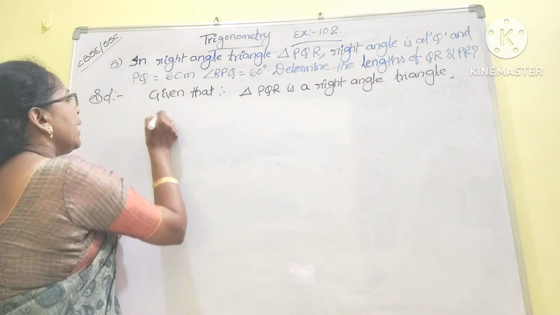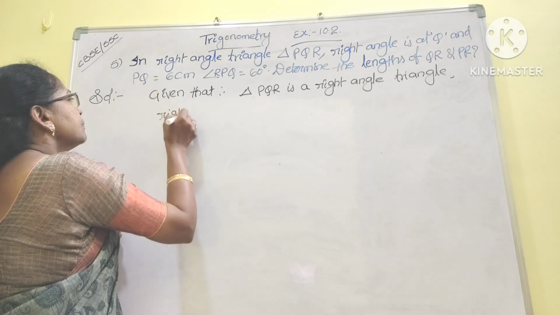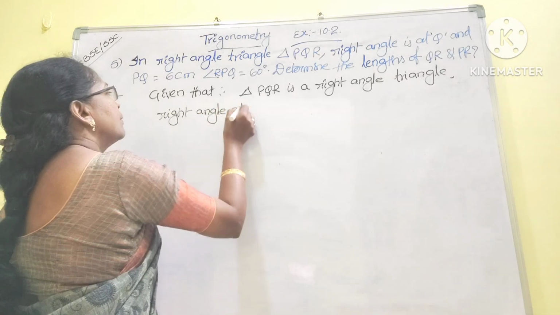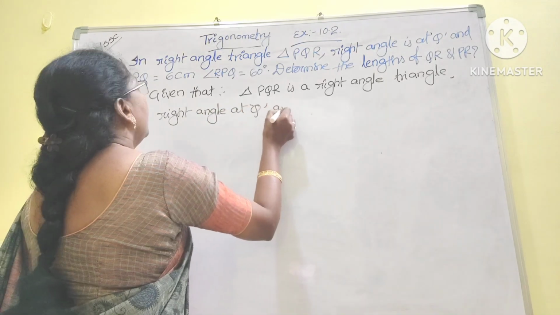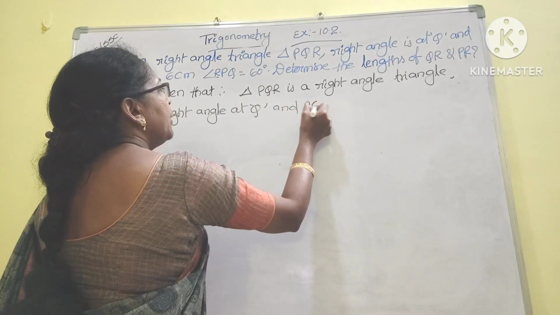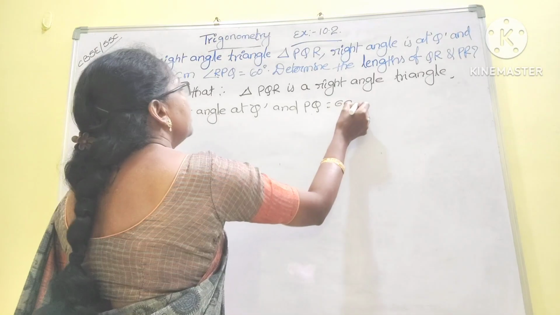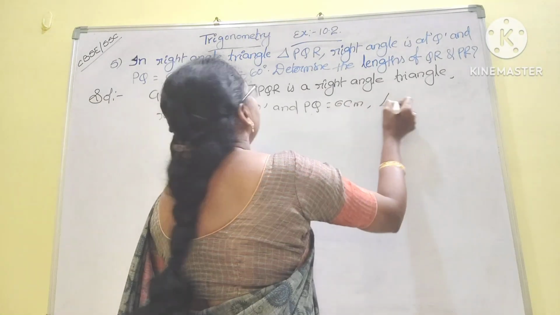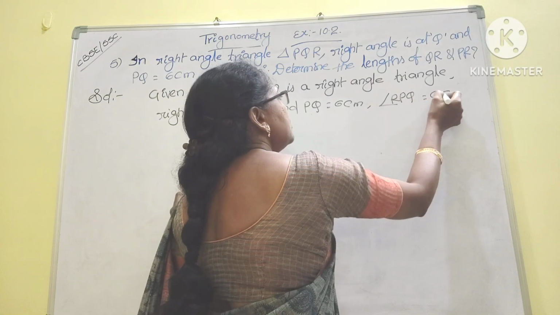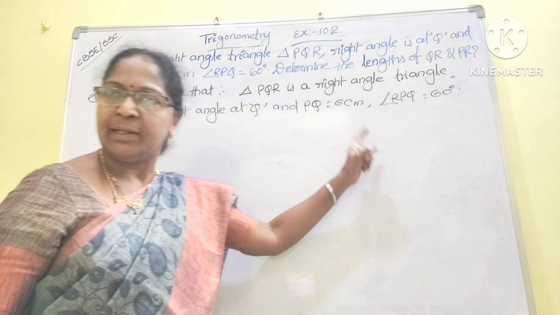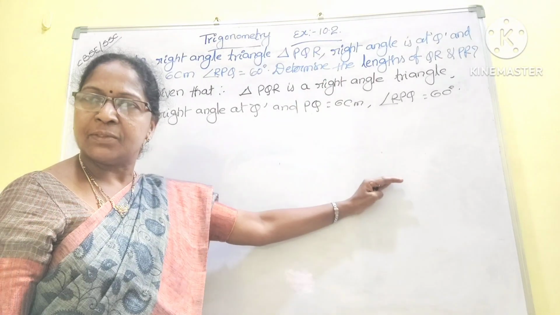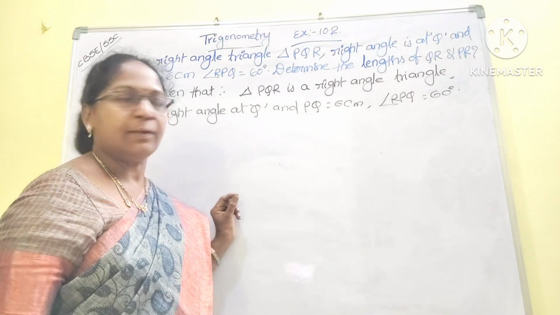Q. Right angle at Q, and length PQ equal to 6 centimeters, comma, angle RPQ equal to 60 degrees. This is the given data. First you have to write down the given data. Whatever is given in the question, those details you have to write down.